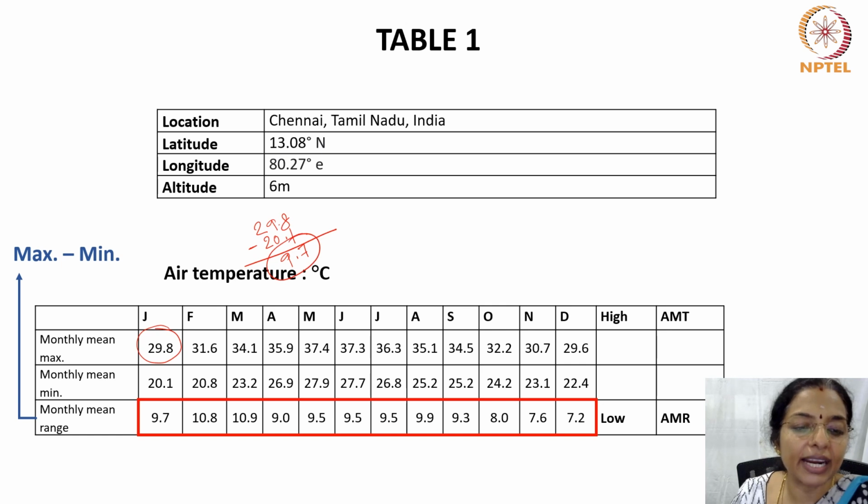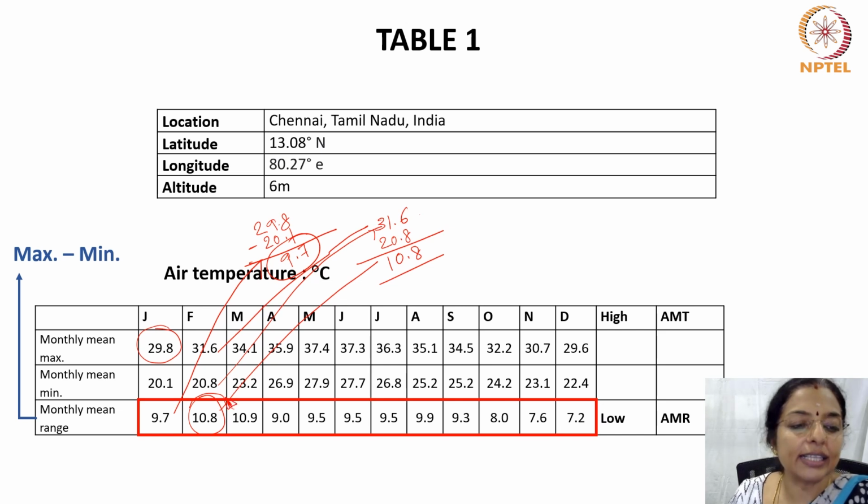That must be entered here. In the same manner, how do you arrive at this? The monthly mean maximum for February is 31.6. The monthly mean minimum for February is 20.8, and that difference is 10.8. This must be entered in this row. Like this, the monthly mean range for all the 12 months must be entered.